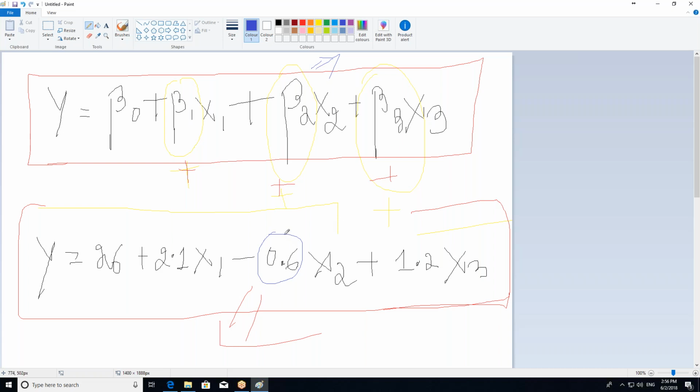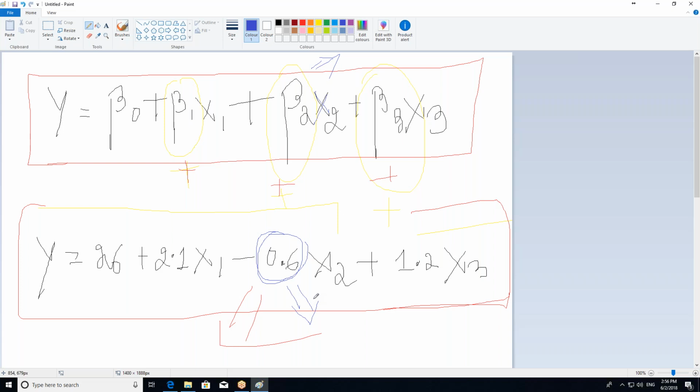Actually, x2's response to y is positive, but here I can see negative. It says that the model which I have built is not a meaningful model. Something is wrong in the model.